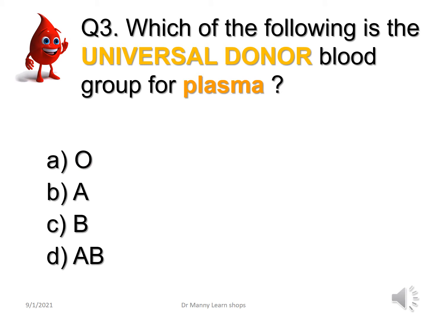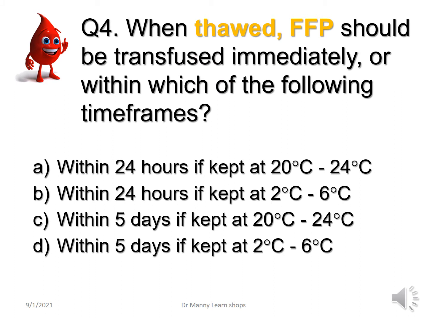Which of the following is the universal donor blood group for plasma? O, A, B or AB? The correct answer is AB. When thawed, fresh frozen plasma should be transfused immediately or within which of the following time frames?